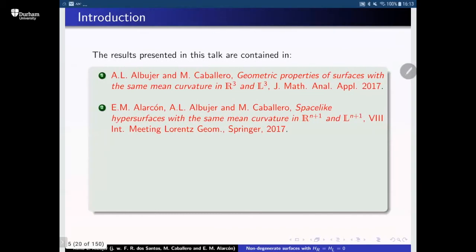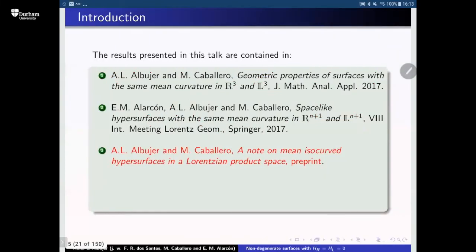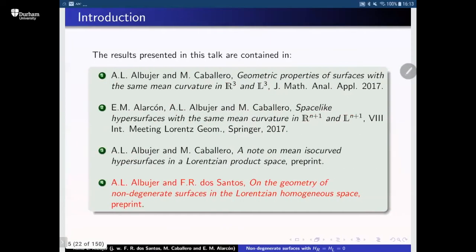We also did something in product spaces, and the work on which I want to focus this talk is a recent work with Fabio dos Santos, where we consider the problem in homogeneous spaces, as I have said before.